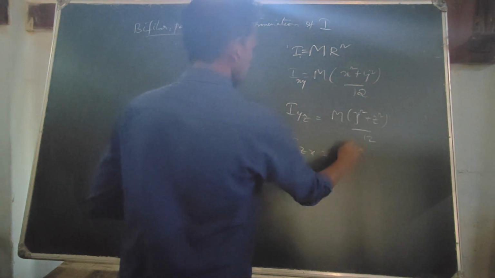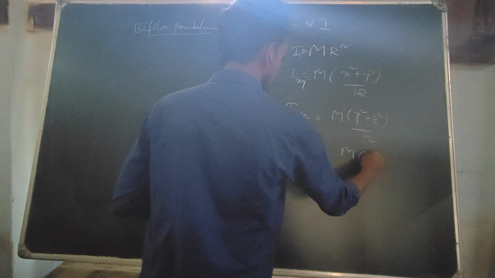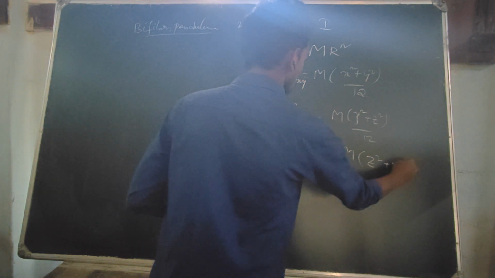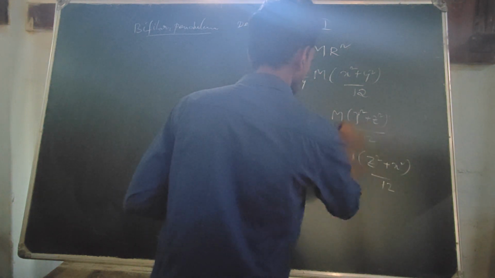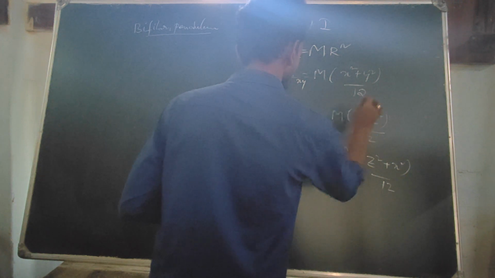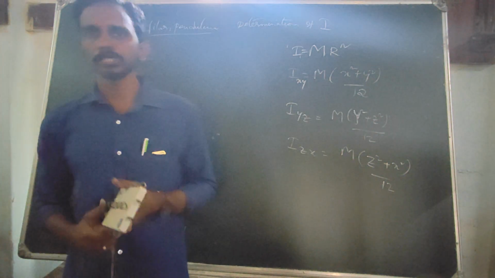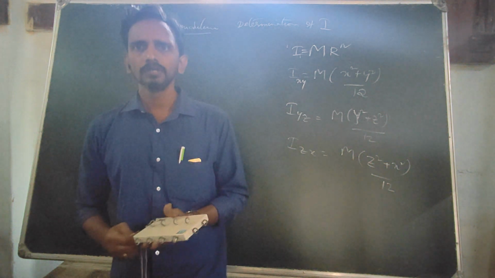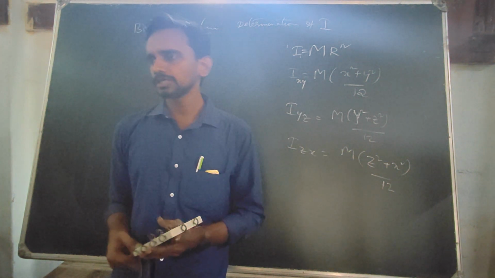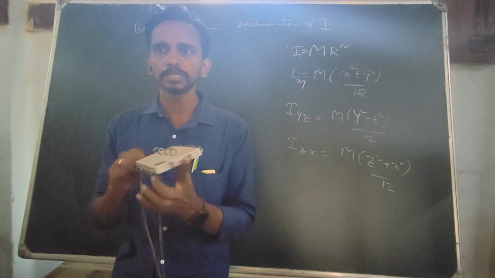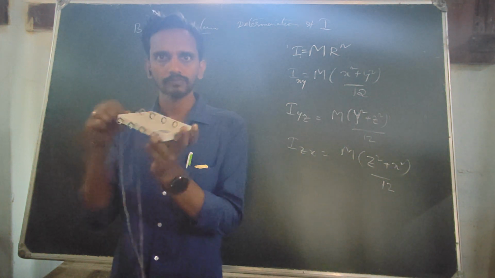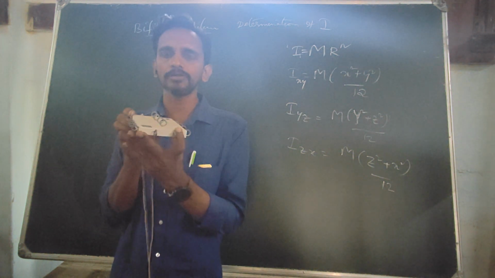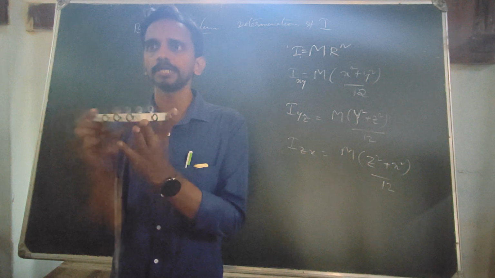Izx is m times z square plus x square by 12. So that is the moment of inertia. So what does it tell? It tells information about how better you can bring an object into rotatory motion, or how better you can stop an object that is already rotating.